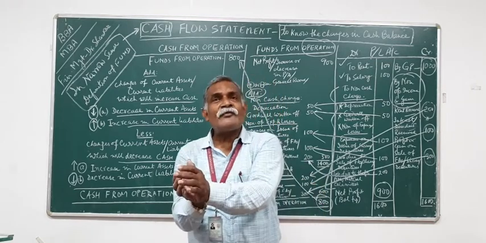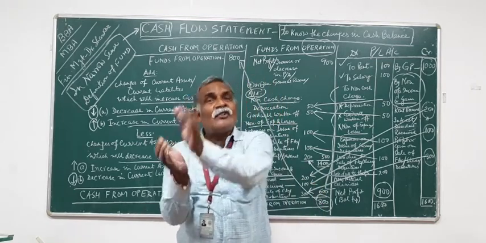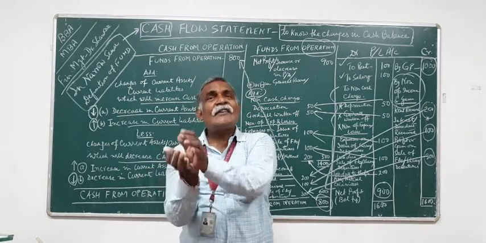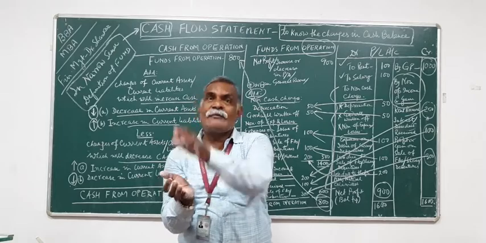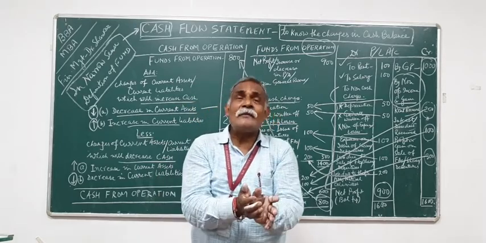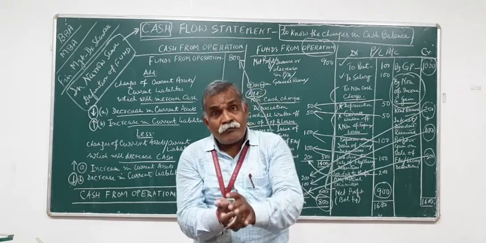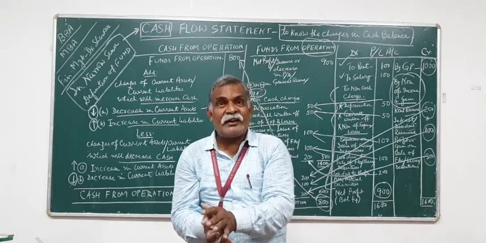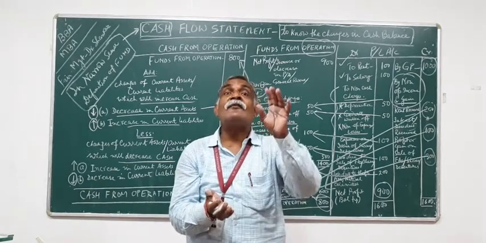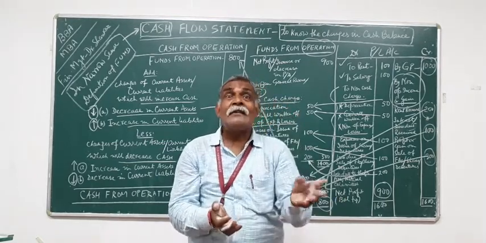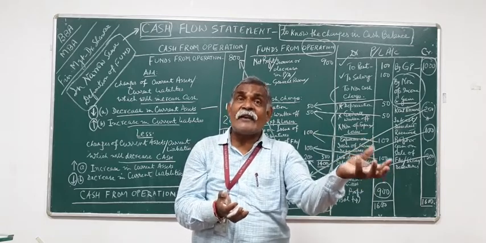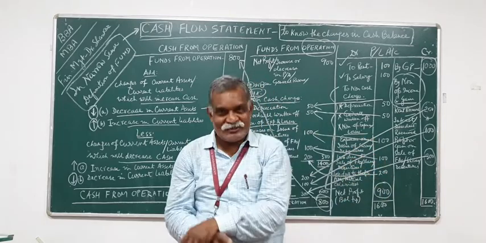In fund flow statement, we prepare a schedule of changes in working capital to see the impact of changes of current assets and current liabilities on working capital. In cash flow statement, we have not prepared a schedule of changes in working capital, but we have considered the impact of changes of current assets and current liabilities on cash.